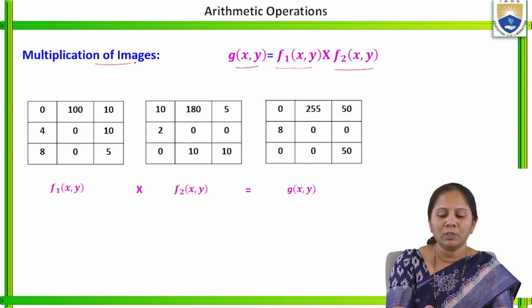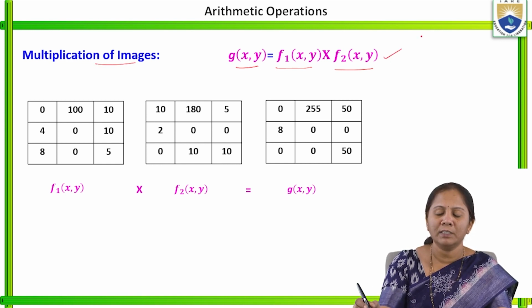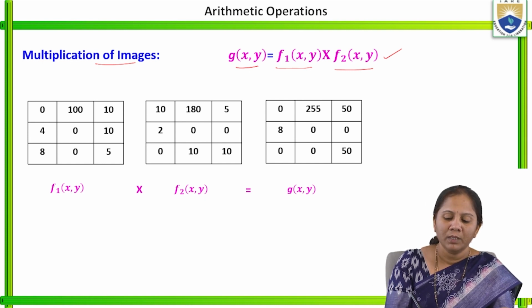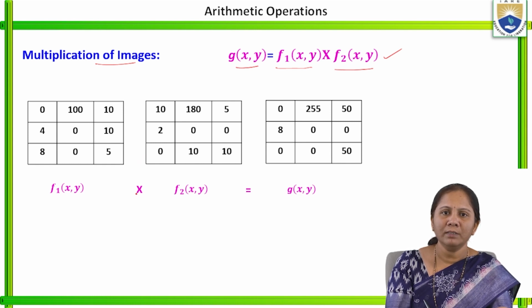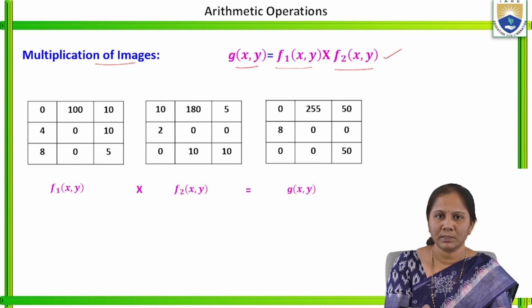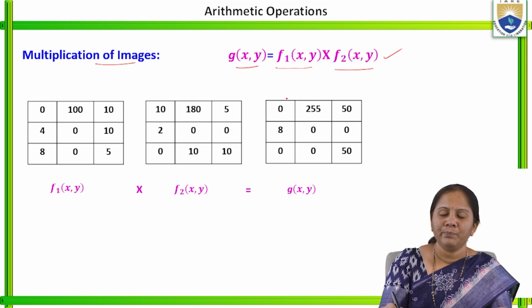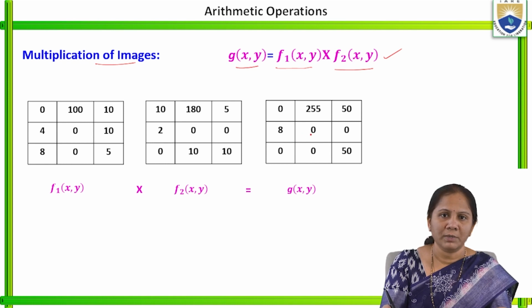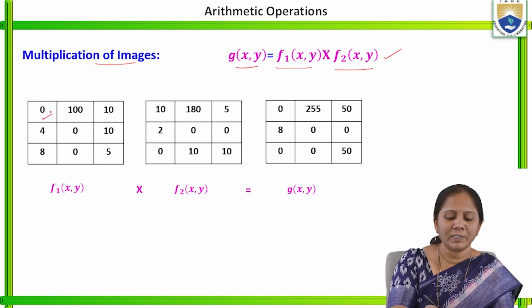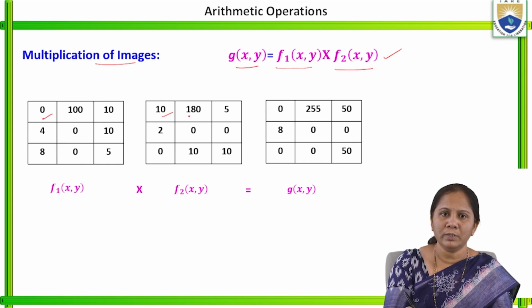This multiplication of images concept is represented in the form of this equation. Now let us consider two images given in terms of matrices. Perform the multiplication operation between the two pixels, same as addition and subtraction. Then we are going to get the new image. So here the first value is 0 into 10.